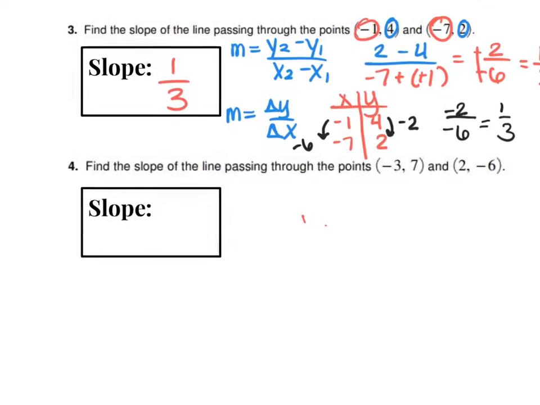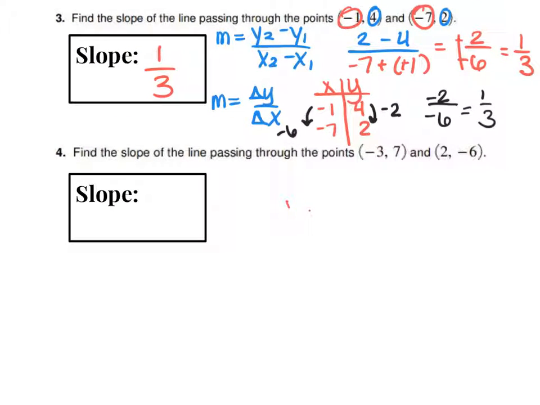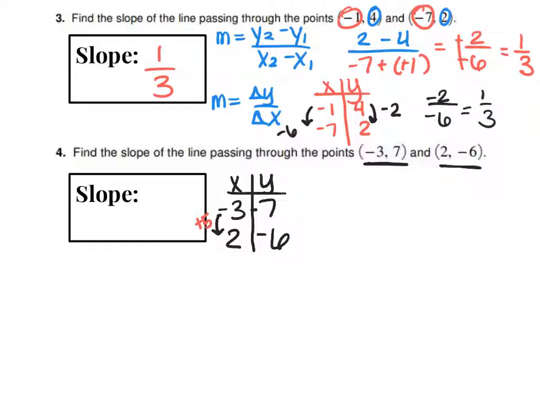Number 4, I'm going to do the chart way. I'm going to say x and y. I'm going to put my x values and my y values. You have to make sure you line them up as the ordered pair that they're given to you in. So I have -3. To get to 2, I would have to add 5.